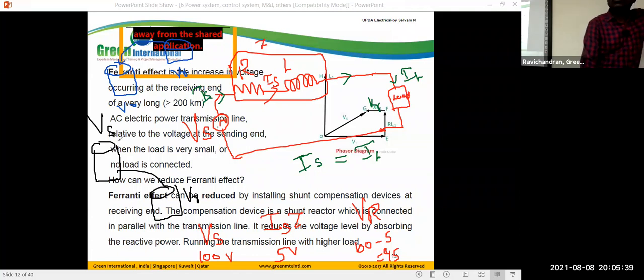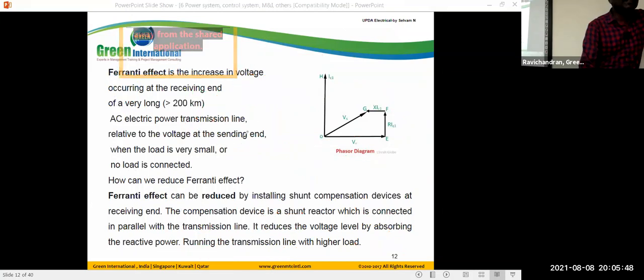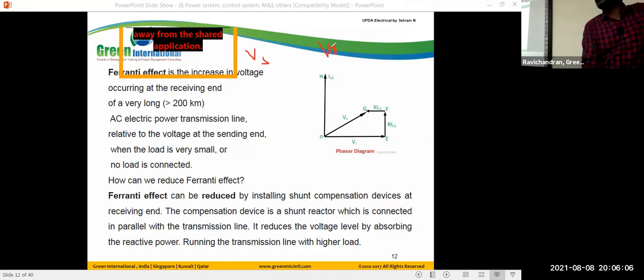So here sending end voltage, here receiving end voltage. So here is the highest value, here is a lower value. So sending voltage we have Vs, and Vr is less than Vs. Okay, correct? Because here we have 100, and here we have 95.